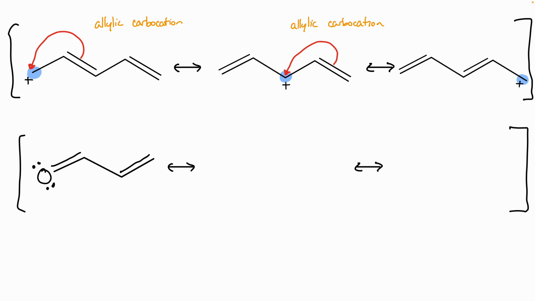For this last one here, the first resonance pattern that we see is that pi bond between atoms of different electronegativity. So we're going to make that first jump with our electron pushing arrows, pulling that electron density onto that more electronegative oxygen.